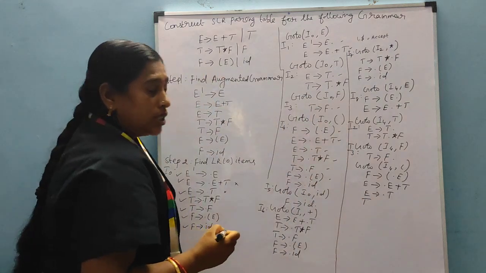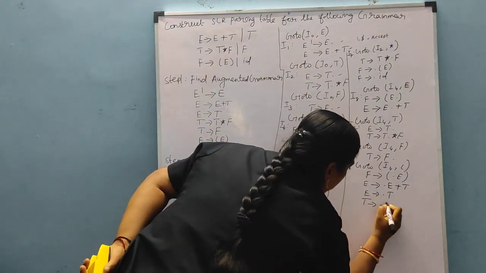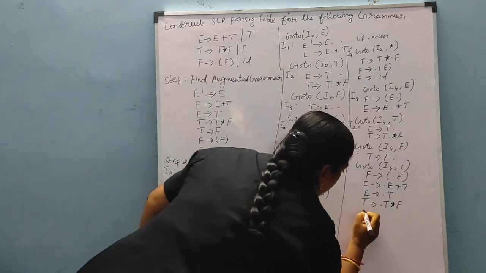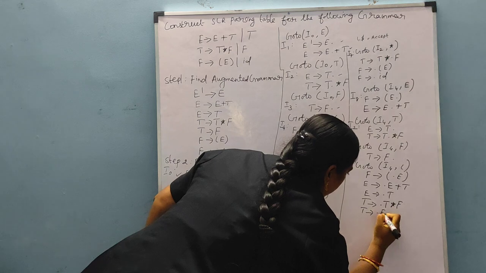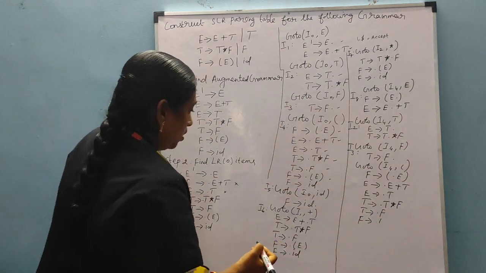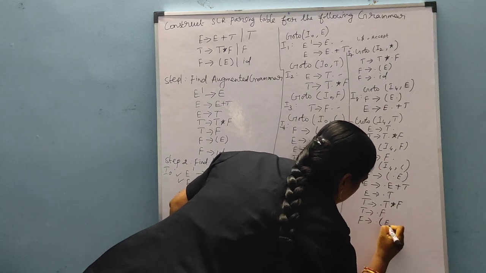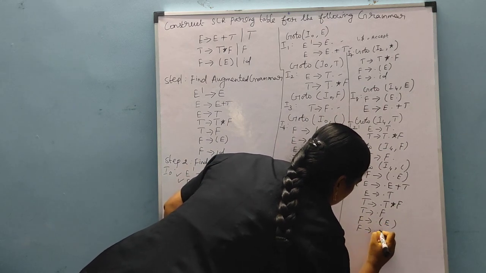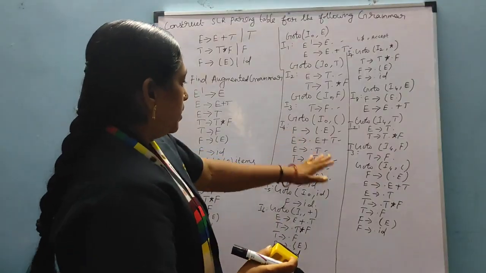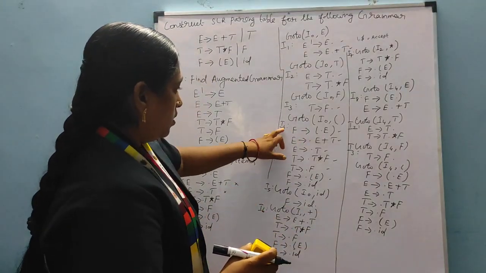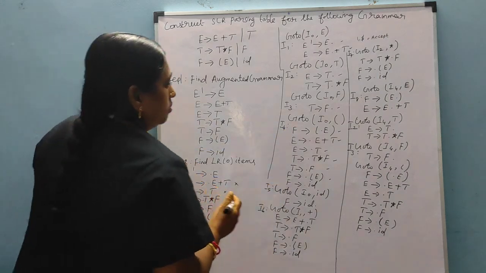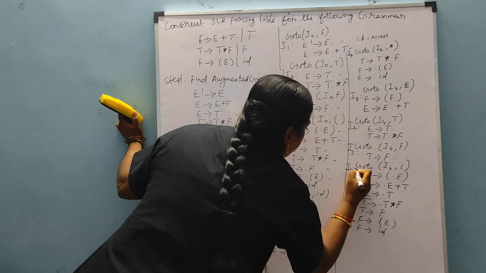What is the T production? T tends to dot T star F. Yes, yes. Then T tends to dot F, and then F tends to dot E. F tends to dot ID. Isn't it? Yes. Is it new or existing? Exactly, yes, the I4 state. Same thing, right? So I am writing the state number as I4.